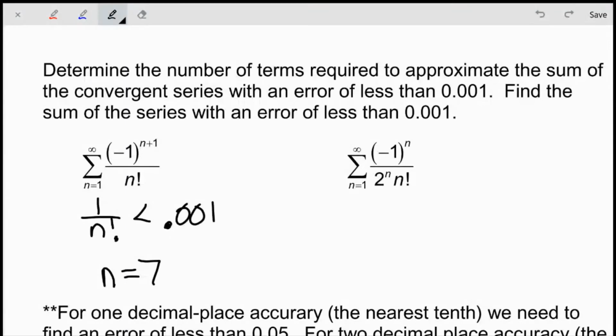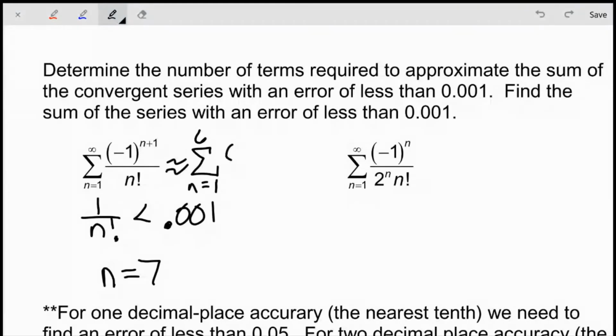So that means I need to add 6 terms. So the sum of my series from 1 to 6 is going to be my approximation for this series.